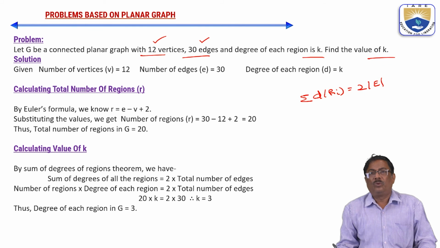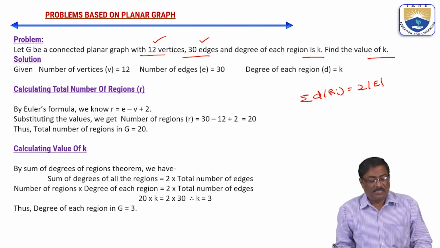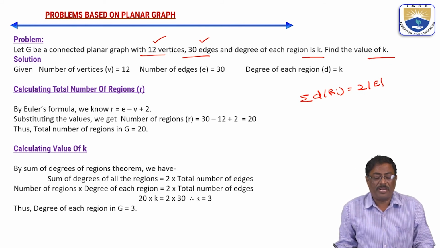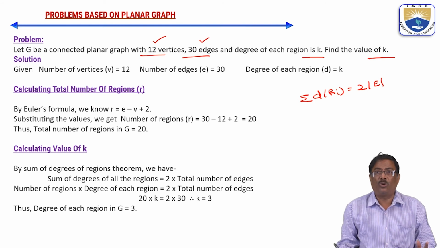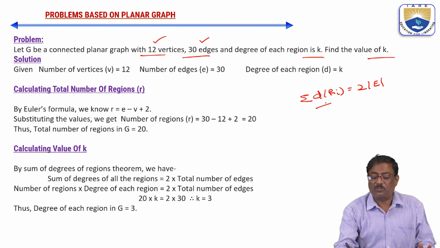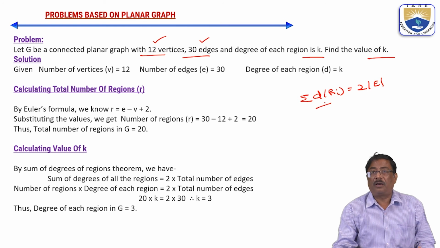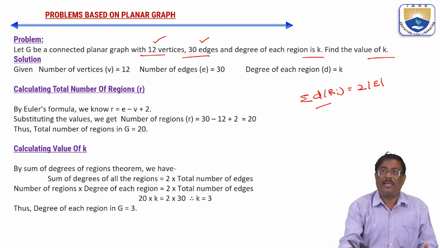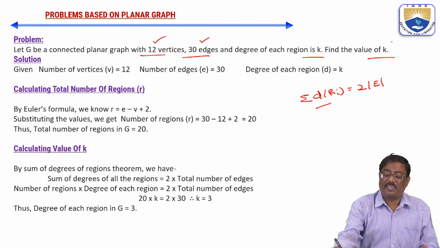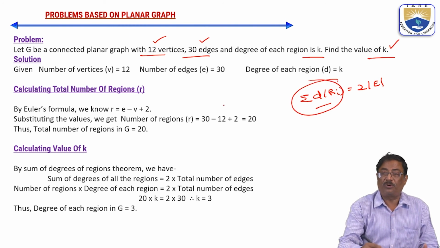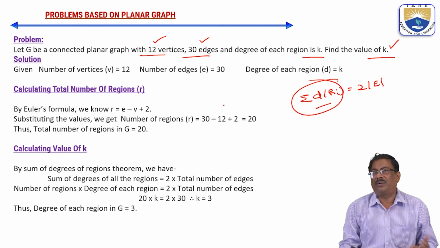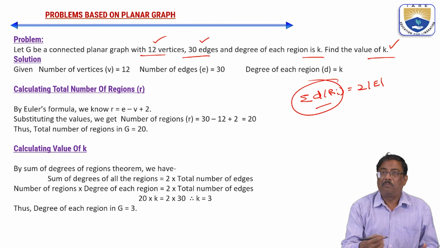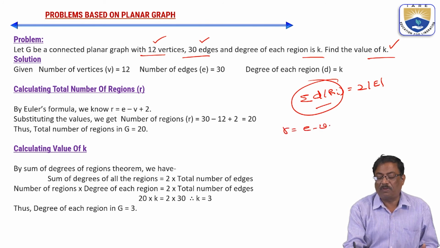So here we need the number of regions. If we know that, we can multiply the number of regions by k. Vertices and edges are given. How do we find the number of regions? By Euler's formula, R equals E minus V plus 2.